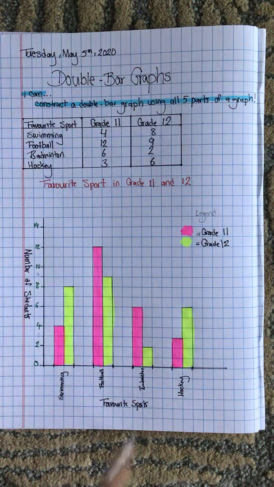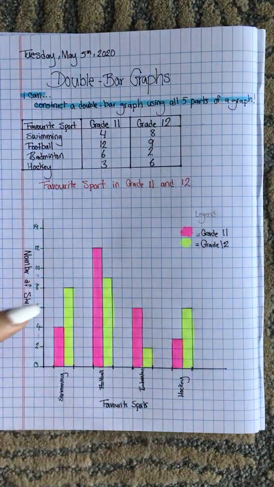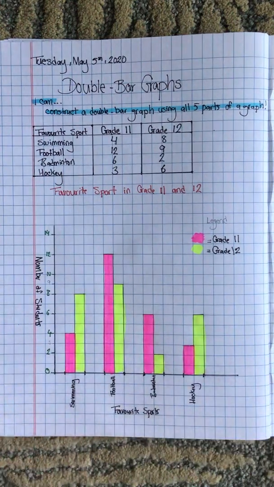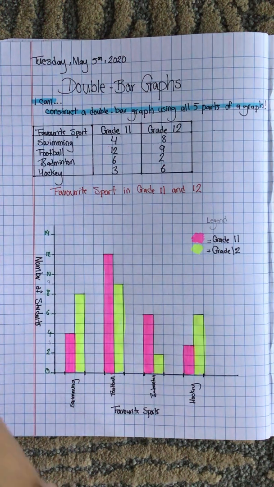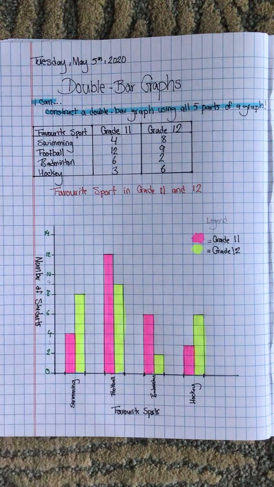So today's work, after you make sure you copy down all the notes, you're going to go into your math textbook, you're going to do a question. I've posted the question on your Edmodo, so go into your Edmodo folders. Let me just go grab it now. I wrote it down.